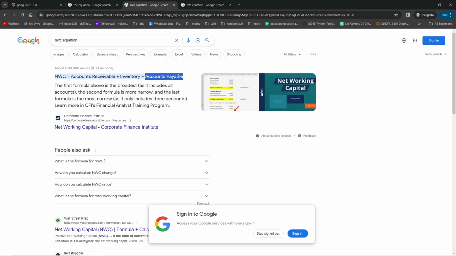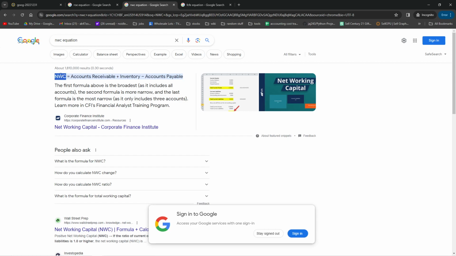So this is really the cash that they need to operate their business at any given time. Just keep that in the back of your mind when you see net working capital on the balance sheet or in other equations and don't know what it means. That's what it means. It's not that complicated.